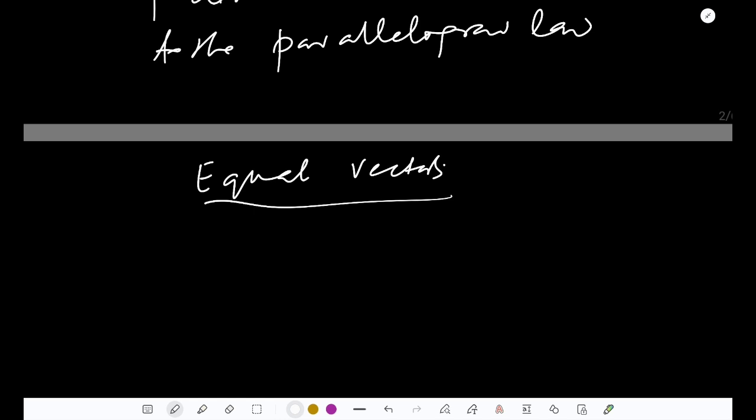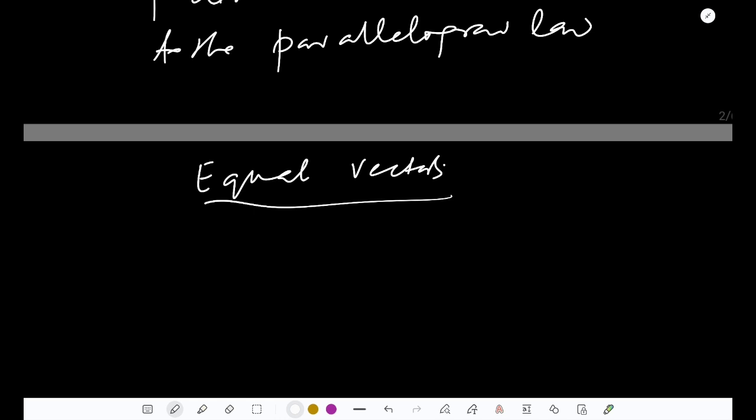Suppose two vectors have the same magnitude and same direction, but one is displacement and another one is velocity. How can they be equal vectors? They cannot be. So they must have the same dimensions as well.